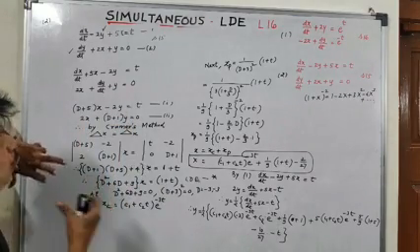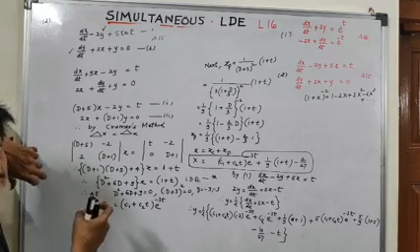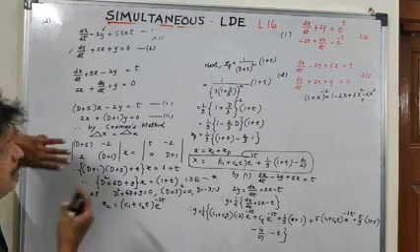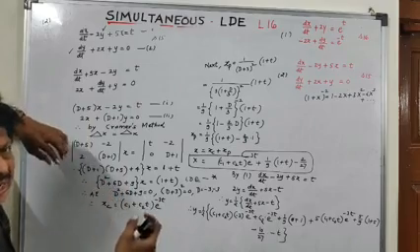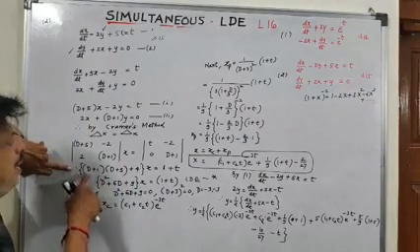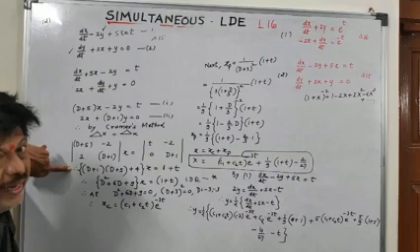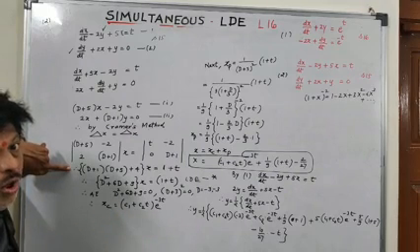So you get only one equation which involves the x terms. Here, in a single step, we get the linear differential equation by making use of Cramer's rule.